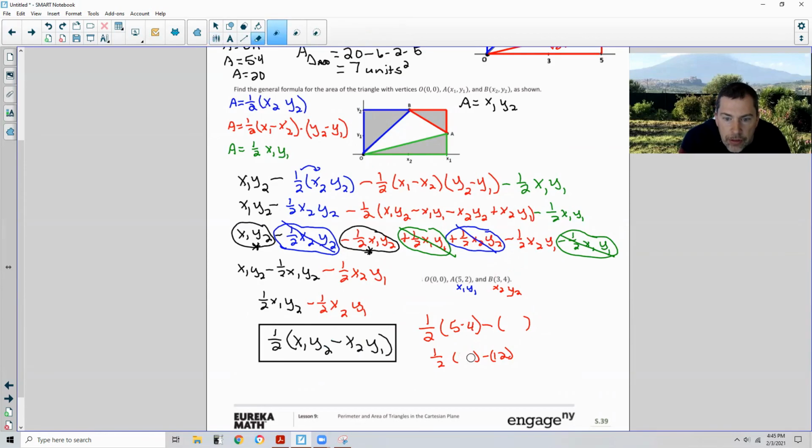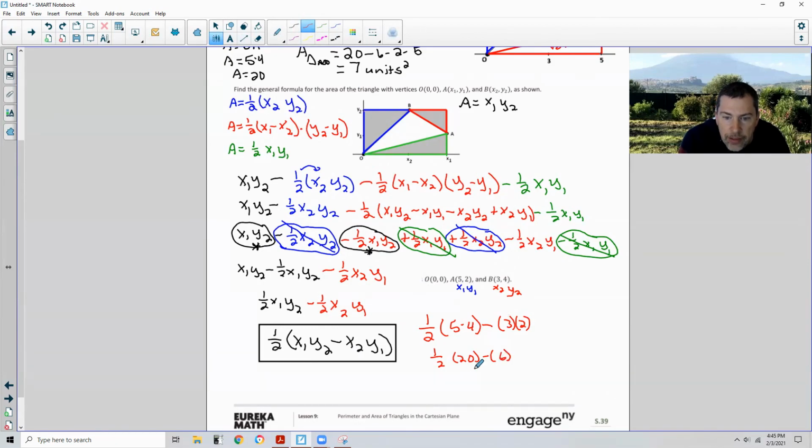This will give me a different number, of course. Okay, x sub 2, 3, times y sub 1, which is 2. So it's going to be 1/2 of 20 minus 6.